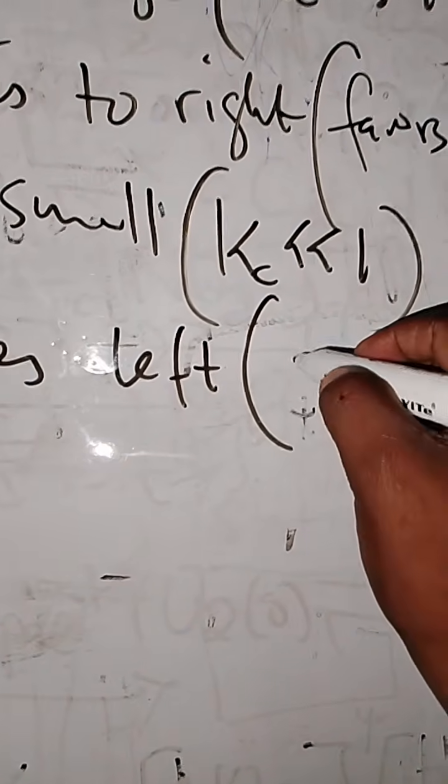So in this case, the reaction mixture contains mostly reactants. The reactants are favored, or formation of the reactants is being favored. There will be fewer products than reactants.